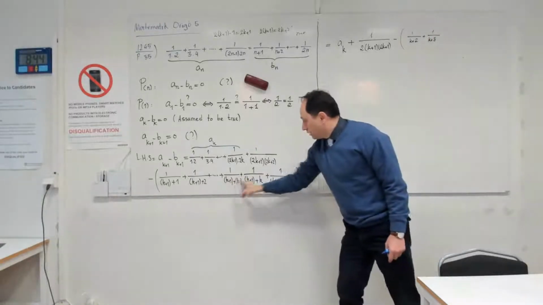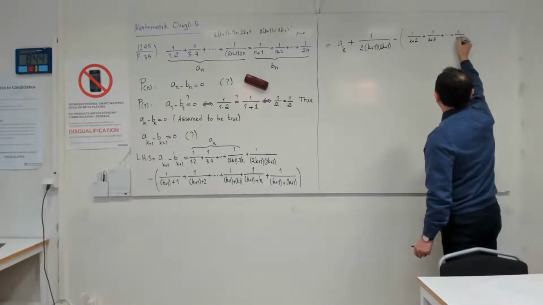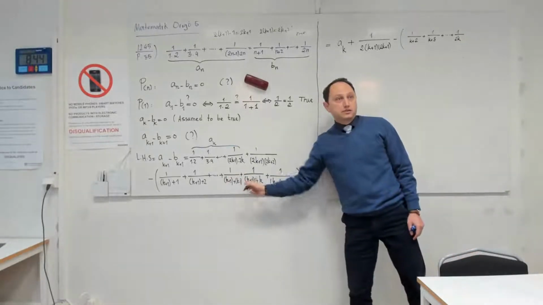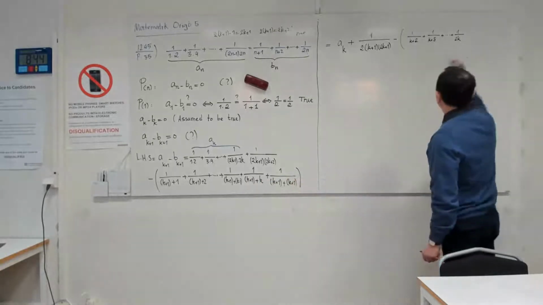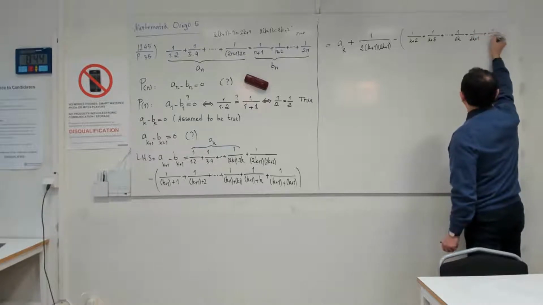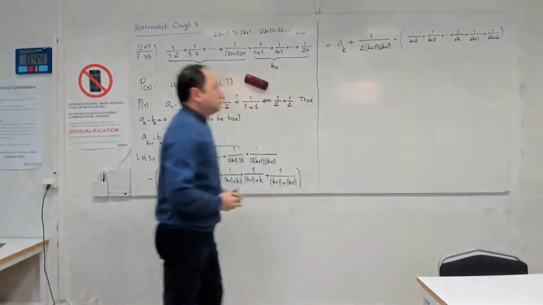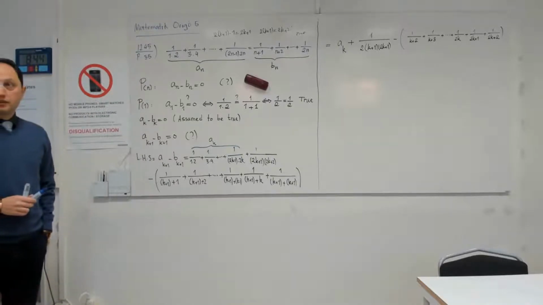And then you continue until you reach here, which is what? 1 over 2k, because minus 1 and 1 are canceled, so k plus k is 2k. And the next one is 2k plus 1. And finally, the last one is 2k plus 2. Do you agree?